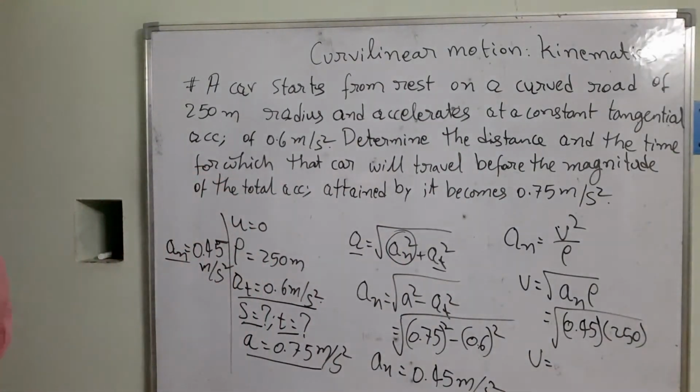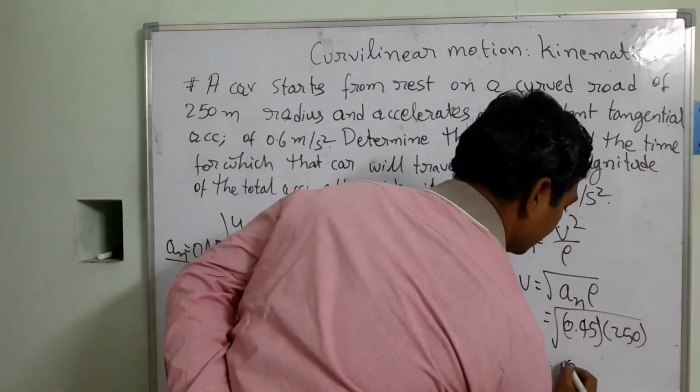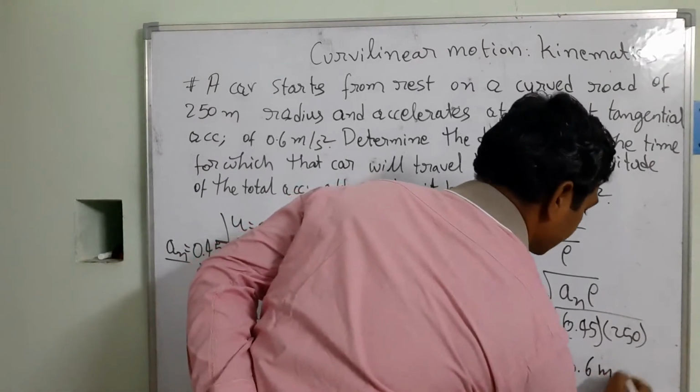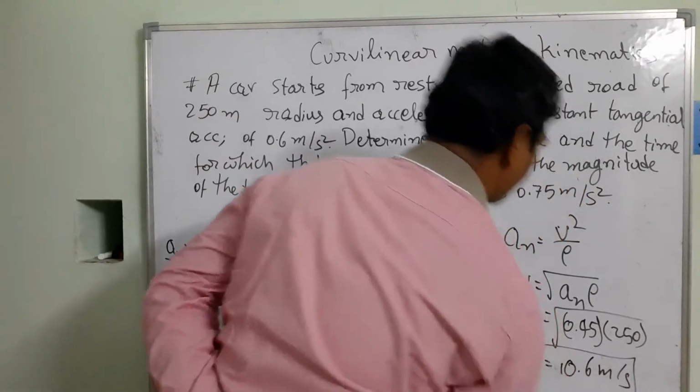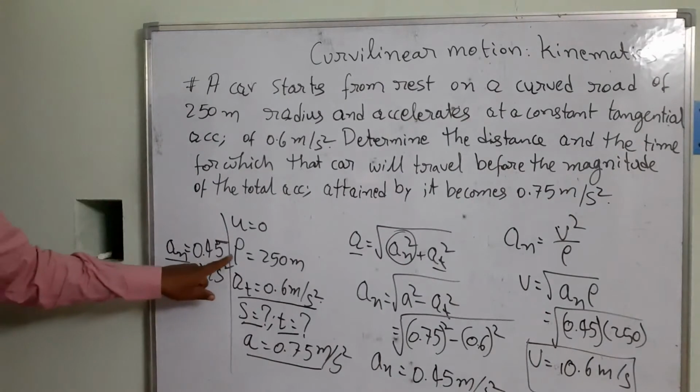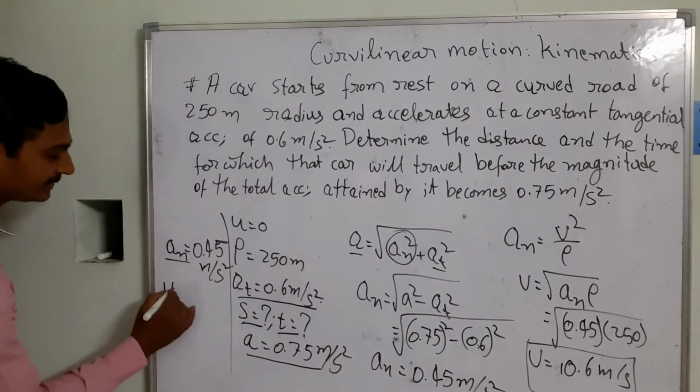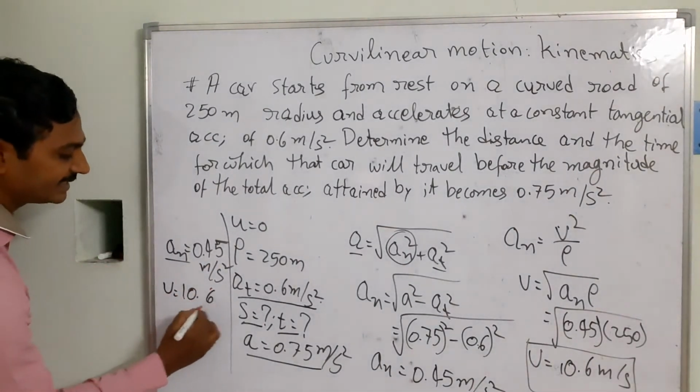So v is equal to 10.6 meters per second. So an is equal to 0.45 meters per second square and v is equal to 10.6 meters per second.